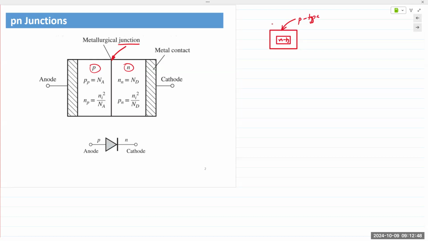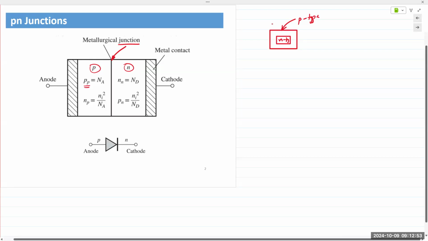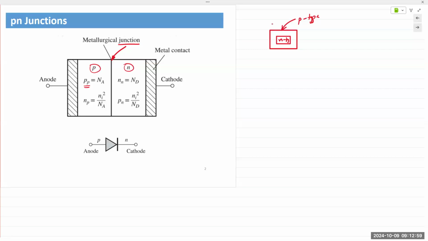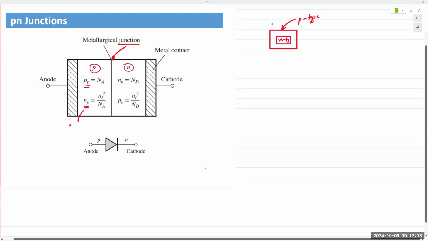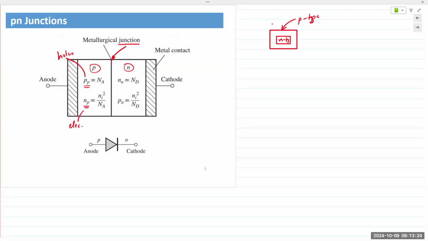On the P side, you have an excess of holes. The subscript denotes the type of the material. And so we have Pp, meaning the number of holes that are present in the p-type material, and Np, meaning the number of electrons in the p-type material. In a p-type material, the intrinsic carriers are basically the electrons and holes.